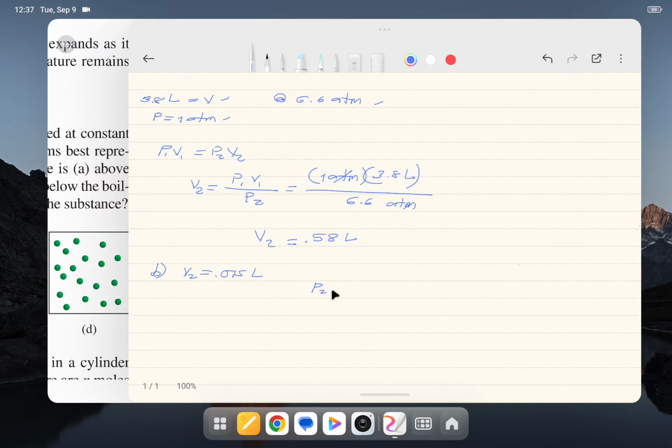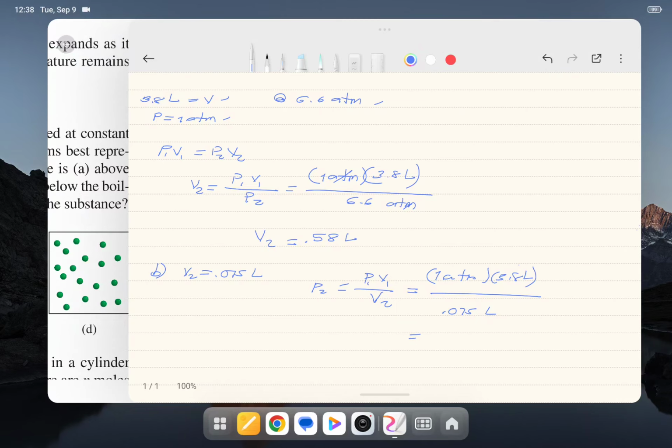So therefore, you say P2 by algebra would be V1 all over V2. So we substitute. You have 1 ATM, then 3.8 liters divided by 0.075 liters. So your volume is being reduced, therefore your pressure should be increased.